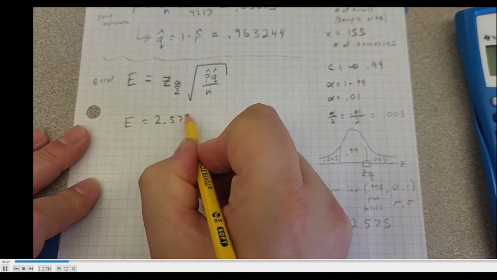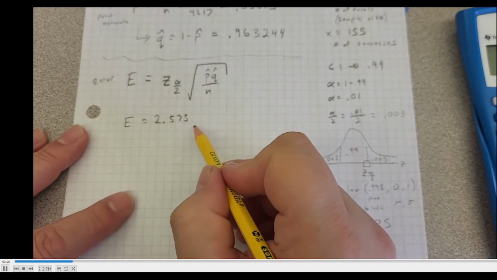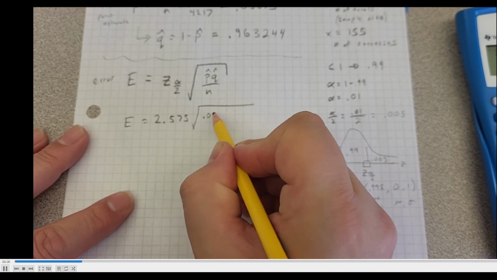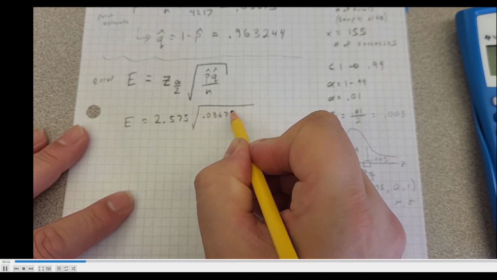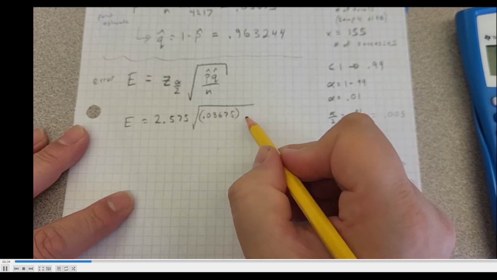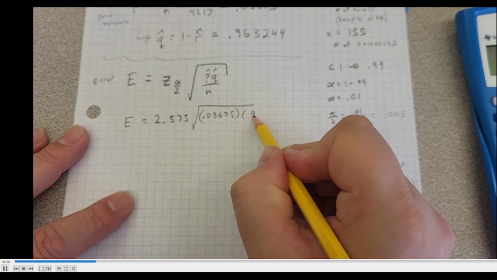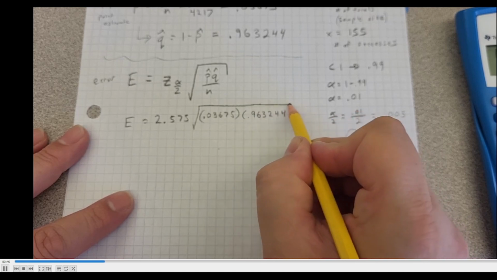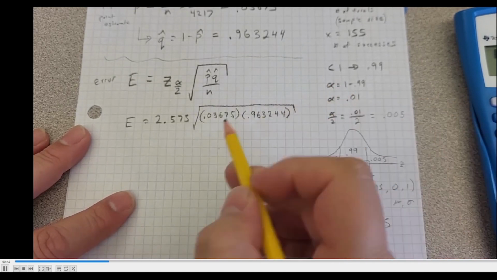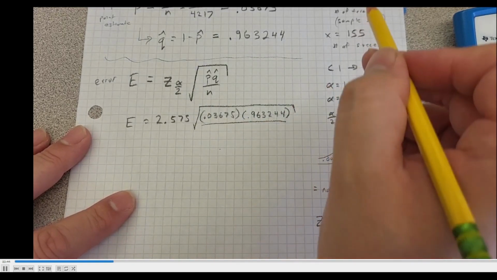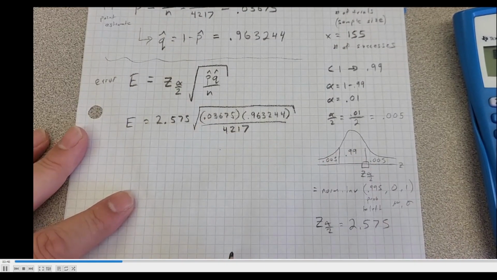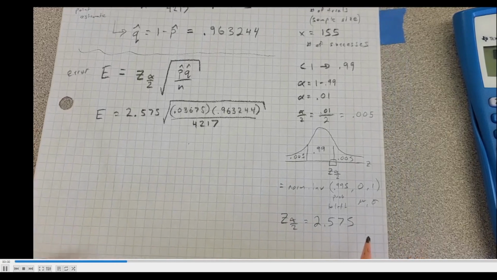The error is going to equal 2.575 times the square root of 0.03675 times, put them in parentheses, 0.963244. Let me close up that square root. That inside number is going to be divided by the sample size, which is 4217.